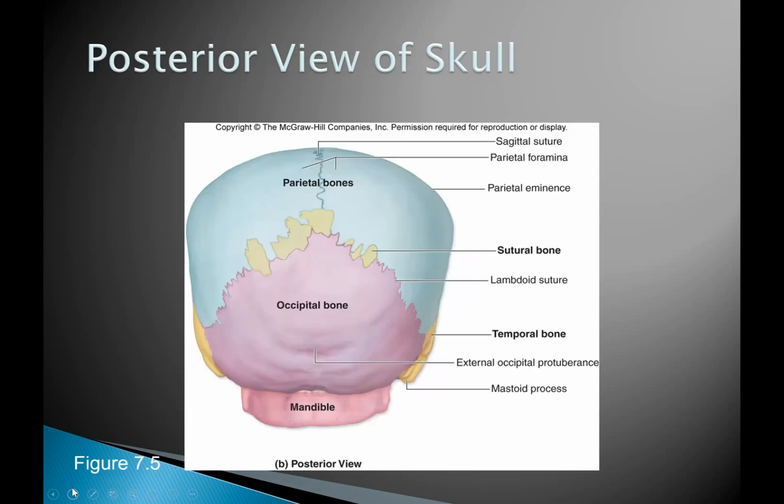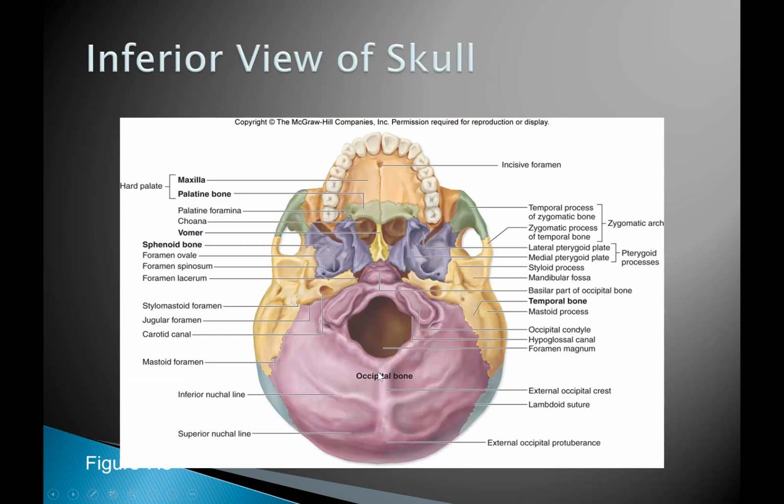This is from the back. This is from the bottom. And you can notice the bottom has this giant hole, which we'll talk about a little bit. That's where the brainstem and the spinal cord go through. So you can orient yourself when you're looking at an image like this to know exactly where we are and what view we're in.